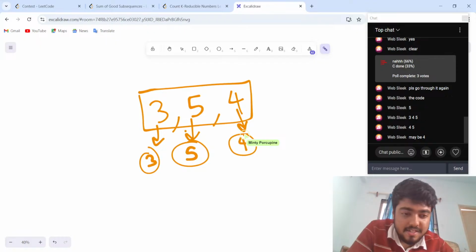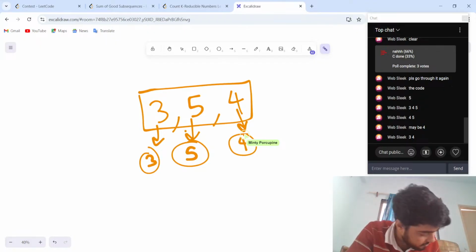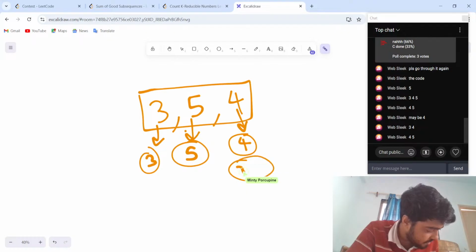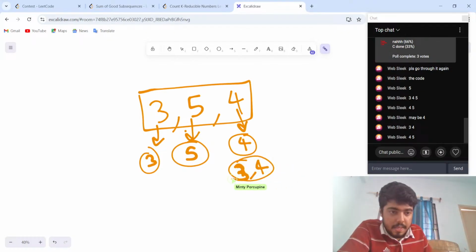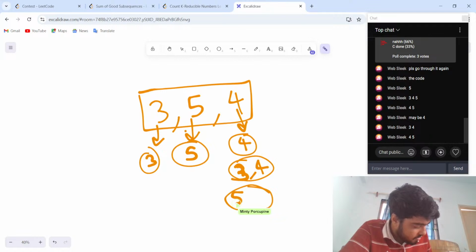Right. But anything else you can think of? 3, 4, exactly. Anything else? 4, 5. Not 4, 5, it's 5, 4. But anyways, yeah, it works. So there can be 5, 4 also.